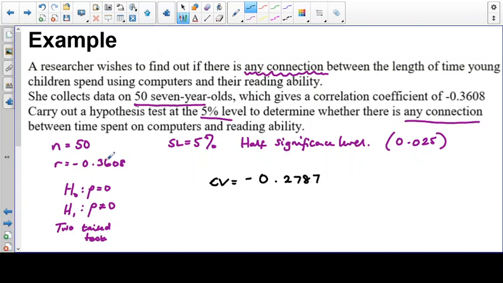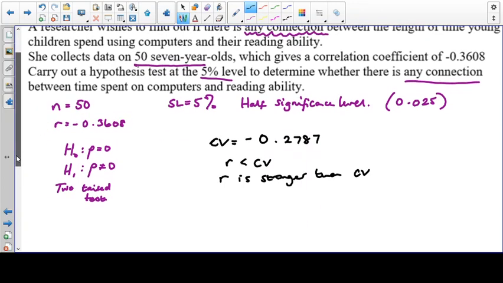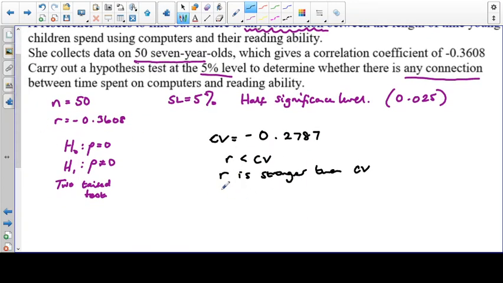Then we're going to do exactly the same again. This is stronger than this. R is less than the critical value. R is stronger than the critical value. So because the sample's correlation is stronger than the critical value, we can conclude that we can reject H0.